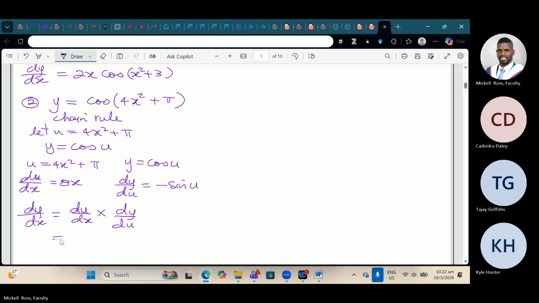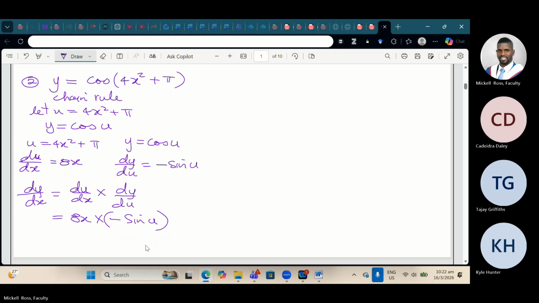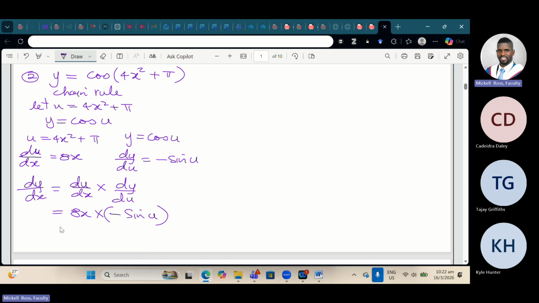So du dx is going to be 8x times negative sine u, which would end up giving us negative 8x sine u, and we know what u is, so it's going to be negative 8x sine of 4x squared plus pi. So this is what your final answer would be. So this is using the chain rule.